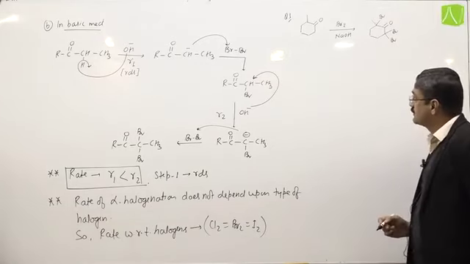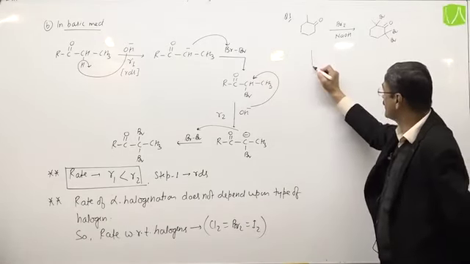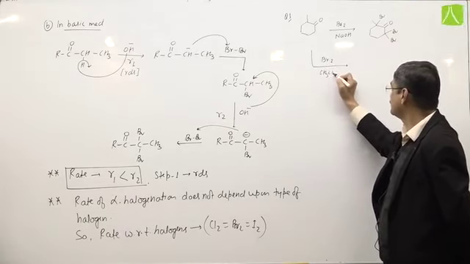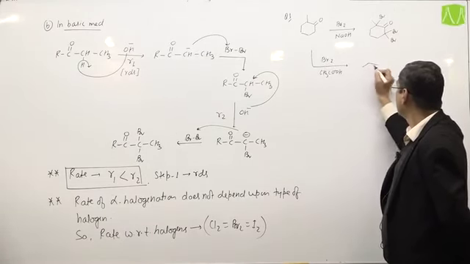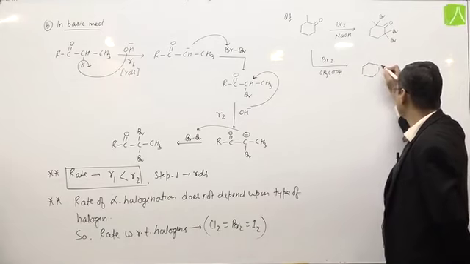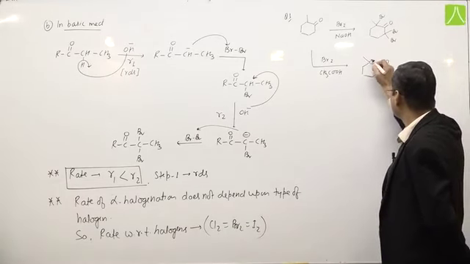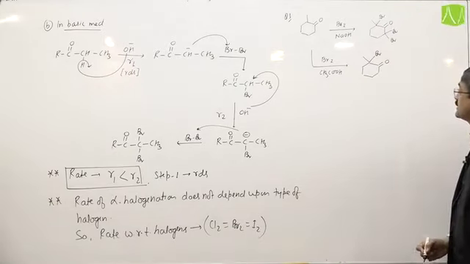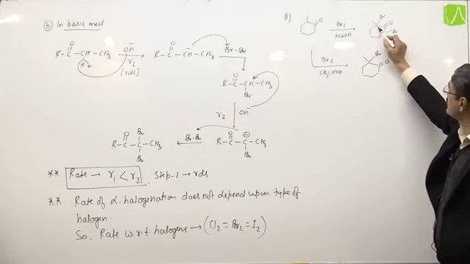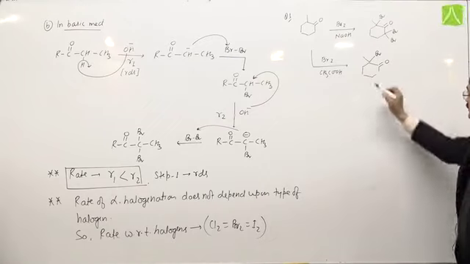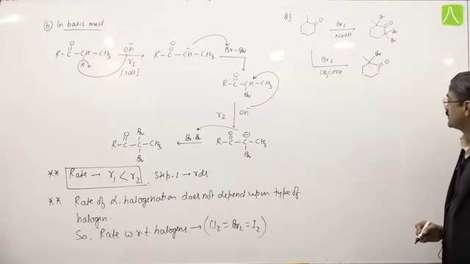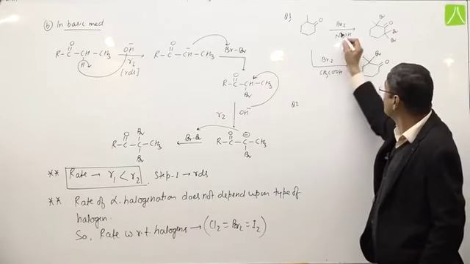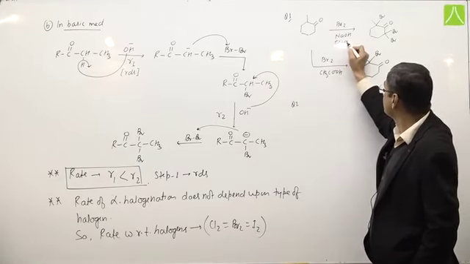So all alpha H can be replaced, but at the same time, if I take Br2 in acetic acid, then only one hydrogen is replaced, and that is the site where the enol is more stable. So the enol is more stable at this point, so this hydrogen is replaced with a halogen atom. So this is the final product. Br2 is in excess amount.